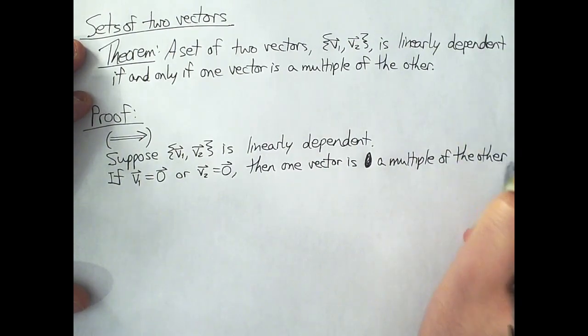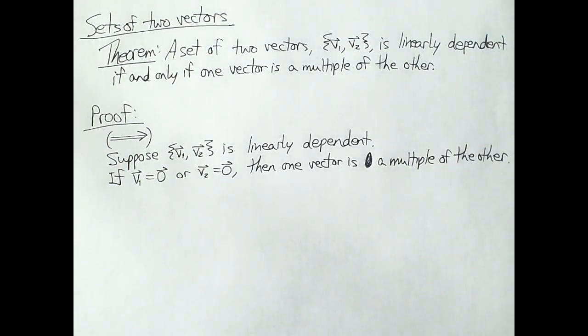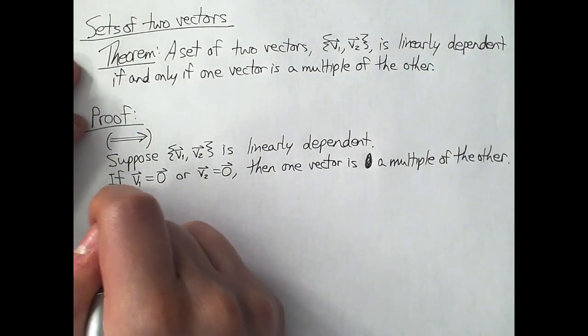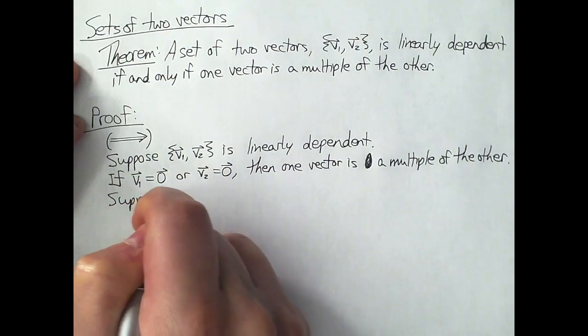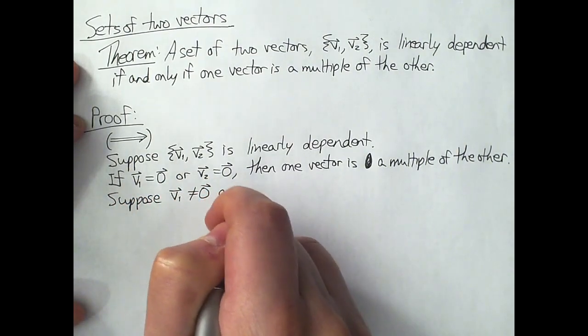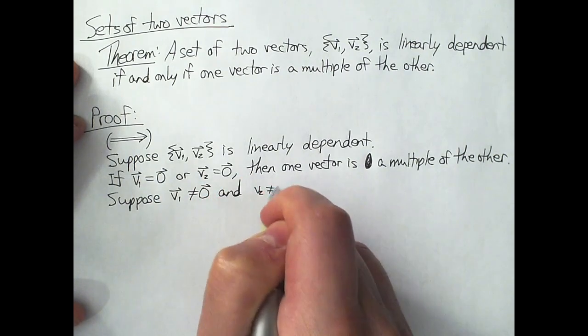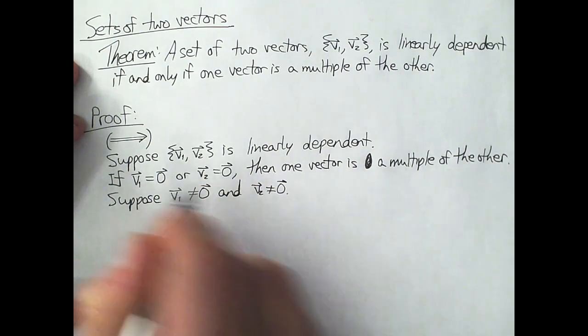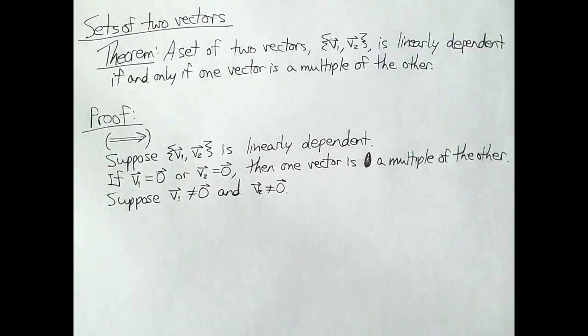If one of them or the other is a 0 vector, then yeah, definitely one is a multiple of the other. So, for the remainder of this, let's suppose that we have the other case. We have this is not 0 and this is not 0. So we already took care of the case where if one or both of them are 0, then we're done. So let's now say they're both non-zero.